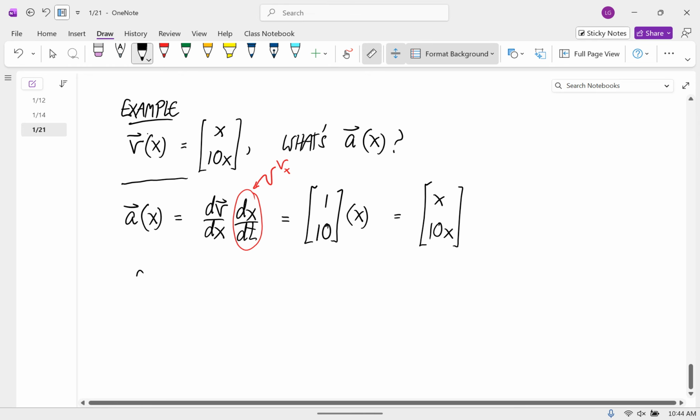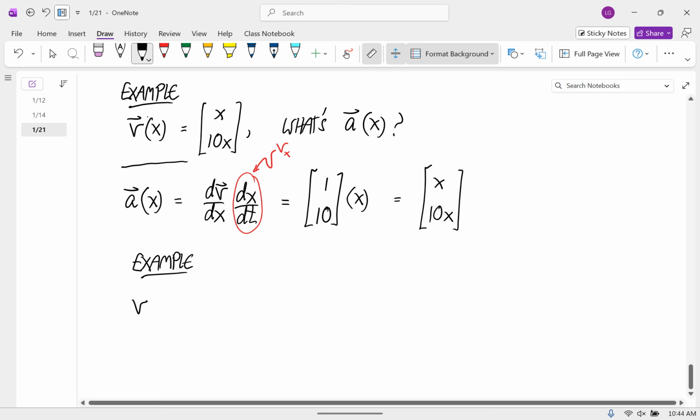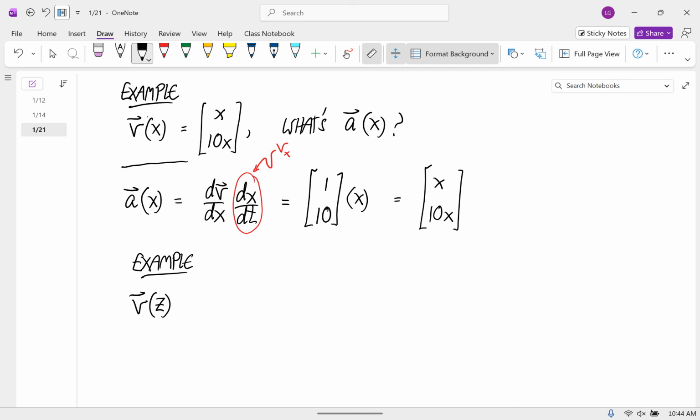Let me do another one just to solidify this idea. So let's say that we have the velocity of a particle as a function of z, and this vector is ⟨5z, -z, cosine of z⟩. And we want to calculate the acceleration as a function of z.